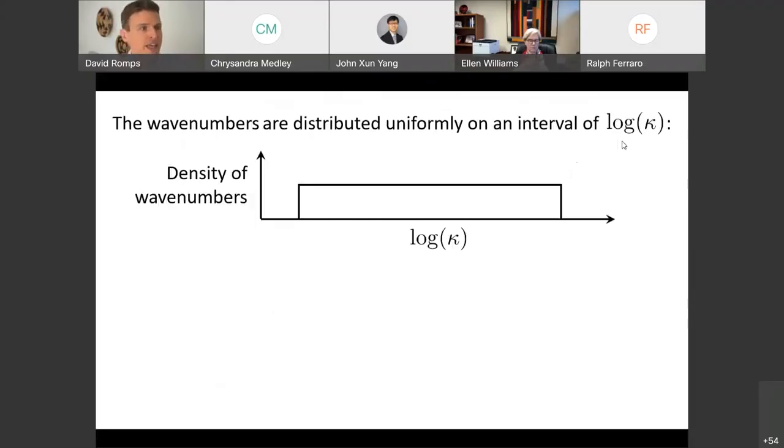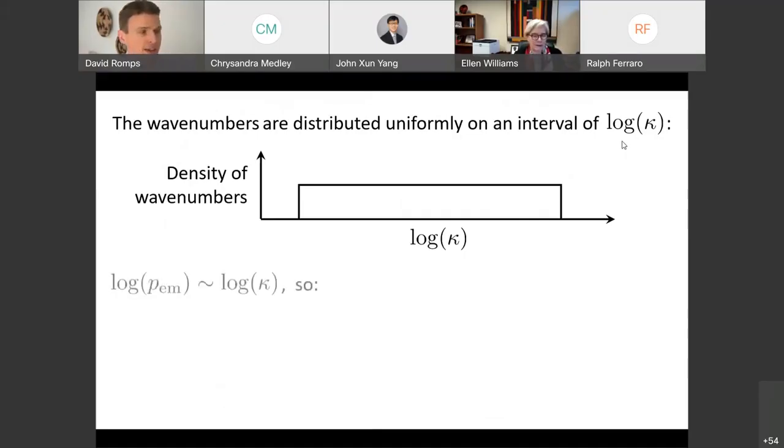So if I take the wave numbers in the 15 micron band and I just plot a distribution function of these on log kappa, what you would see is approximately this uniform distribution on an interval of log kappa, log of the absorption coefficient.